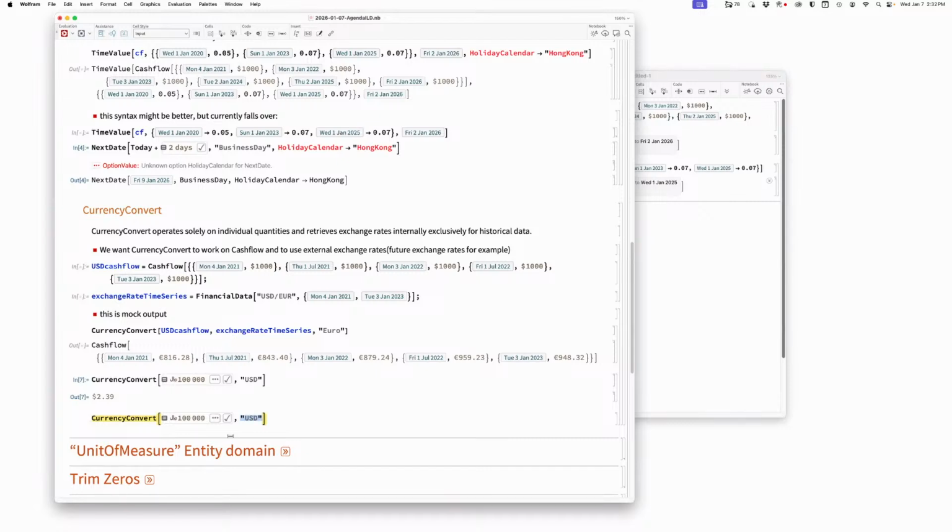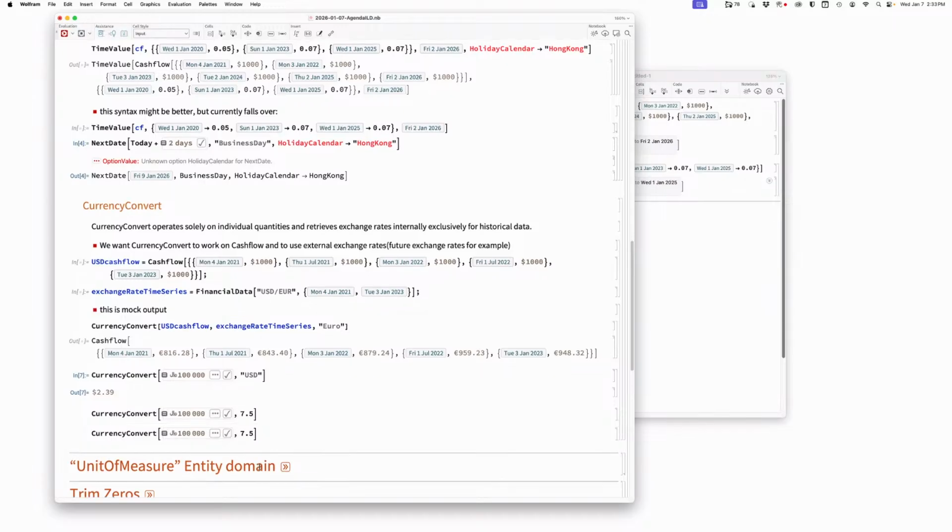So in other words, if that thing there was just a number, 7.5 or something, it would just do the multiplication. But the non-trivial case would be that exchange rate time series above. Right. Well, yeah, a single value with the exchange rate time series.